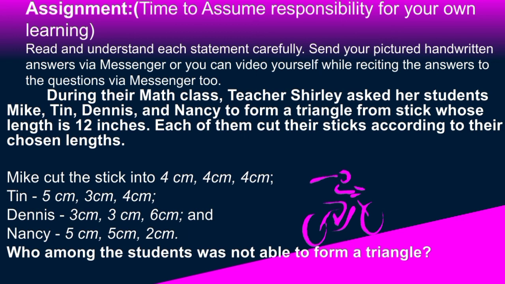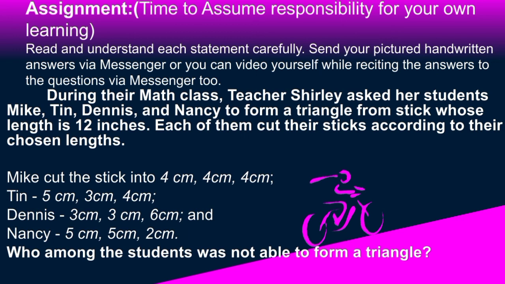During their math class, Teacher Shirley asked her students, Mike, Teen, Dennis, and Nancy, to form a triangle from a stick whose length is 12 inches. Each of them cut their sticks according to their chosen lengths.